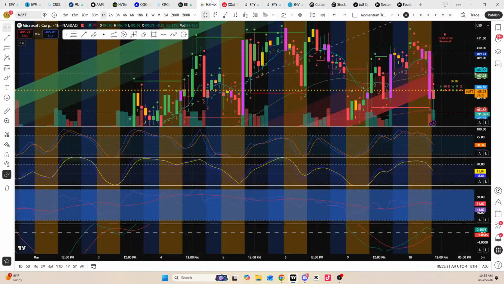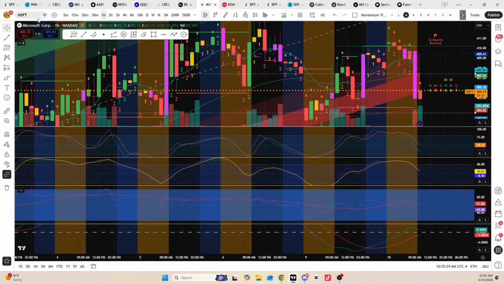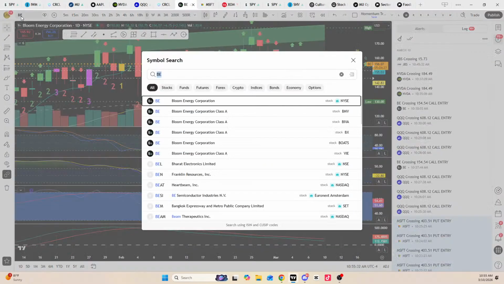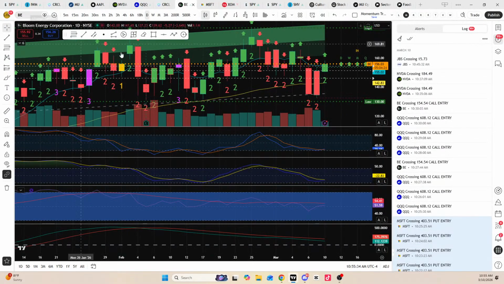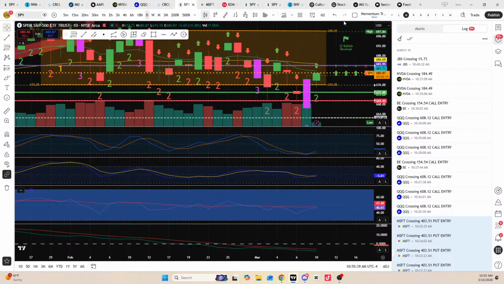Let's look at SPY's momentum because I'm thinking about taking a little scalp call on SPY. I gotta check that momentum first. Yeah, we're just crossing over on daily. I kind of like SPY call right here. I like SPY right here.